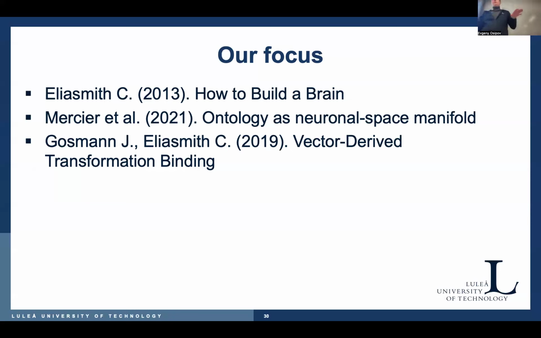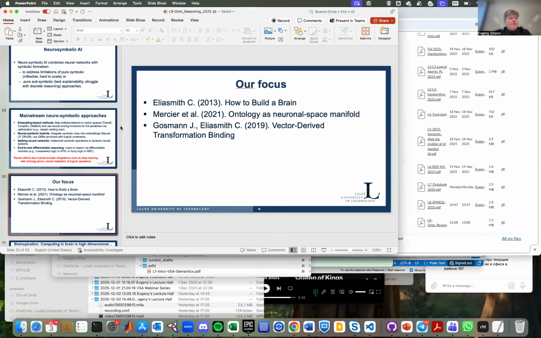So he's a mixture. One of his outputs, which is famous, is a book with, nothing more, nothing less, the title How to Build a Brain. I think it's one of few books which in a coherent manner tries to suggest a theory of how to build a brain.